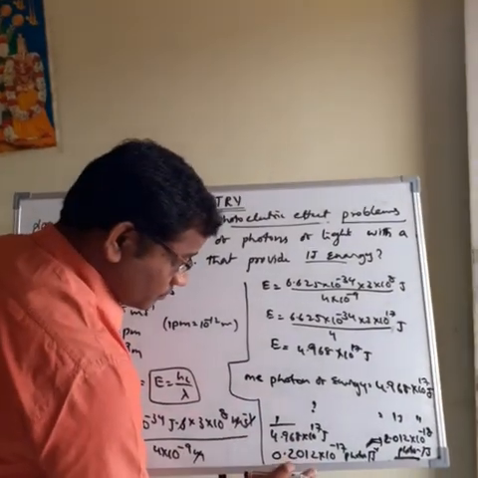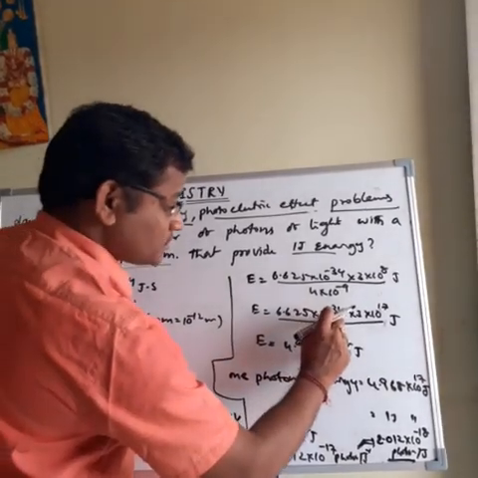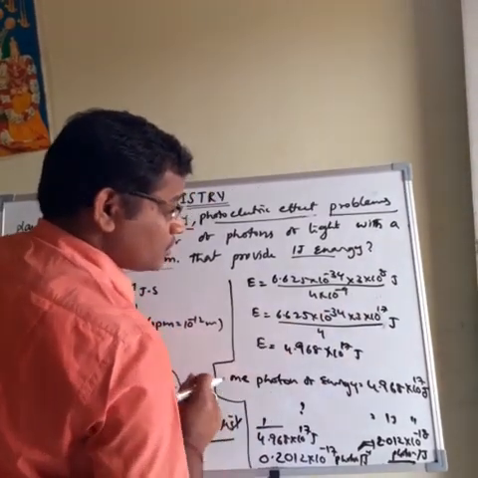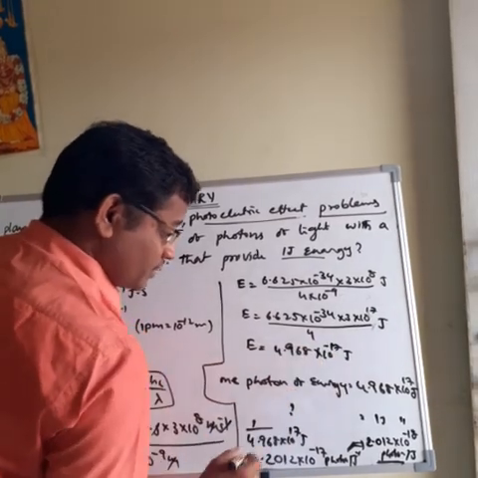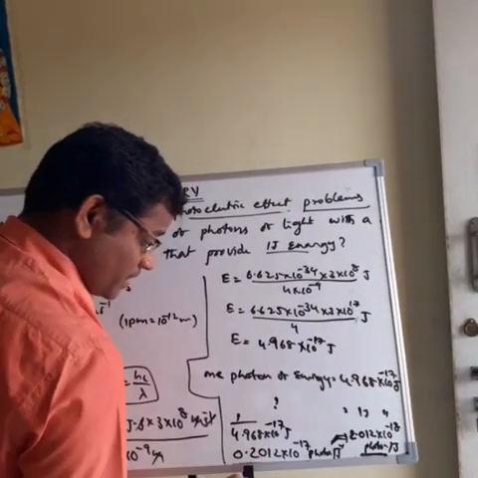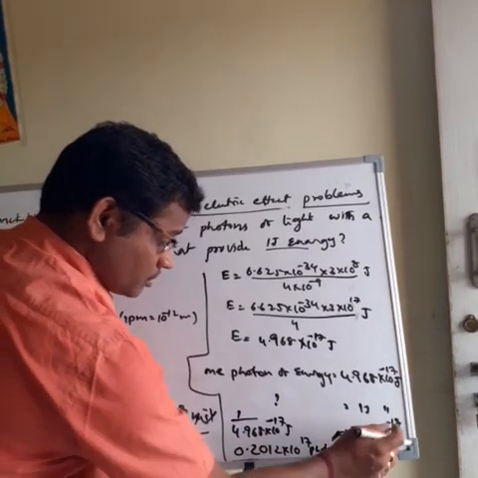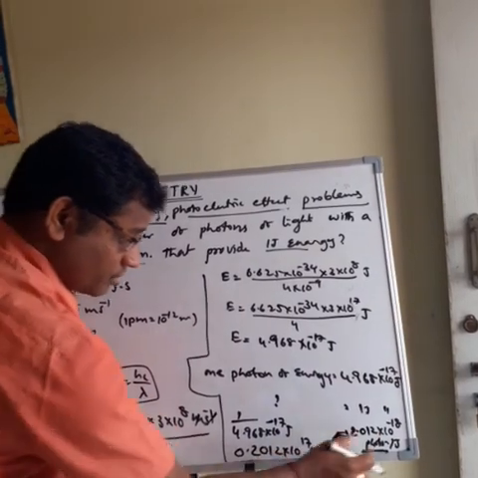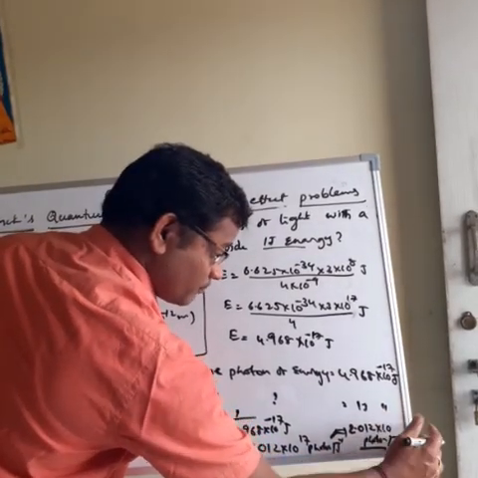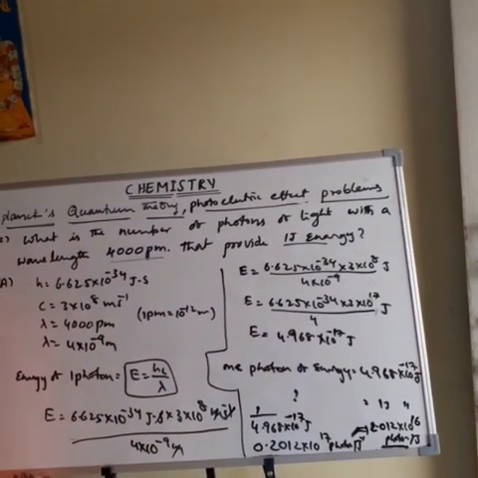Sorry, here 10 power minus 34 plus 17 means minus 17, and here also minus 17, and the minus 17 in the denominator becomes plus 17. Then changing the point by 1 digit, plus 16 will come. So this is plus 16. That is about the problem.